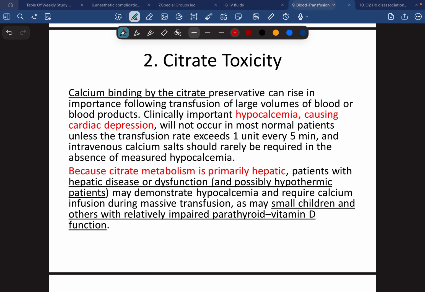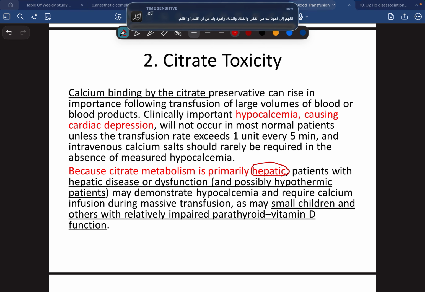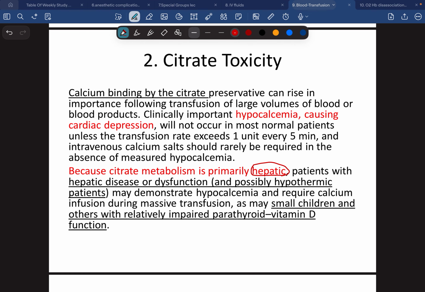Otherwise, normal patients can cope with transfusion unless we're giving 1 unit every 5 minutes. Normal patients can cope with this amount of citrate. We rarely give intravenous calcium unless we have liver disease or calcium deficiency for any other reason.